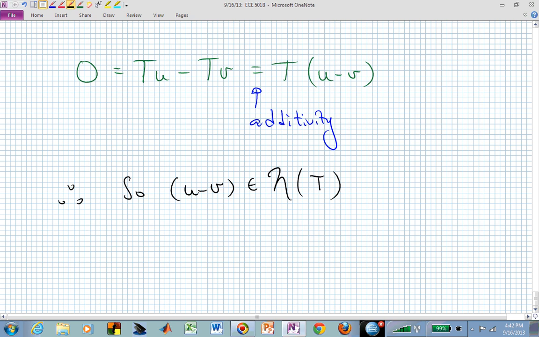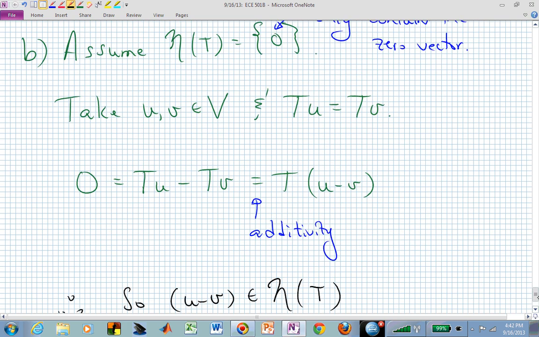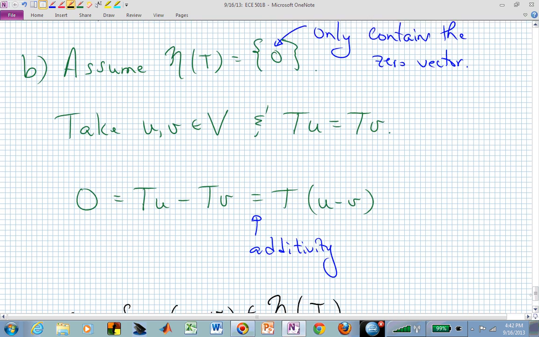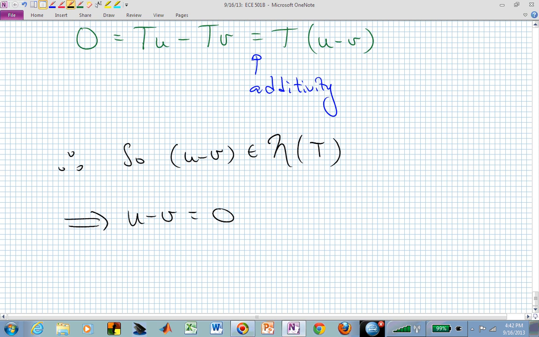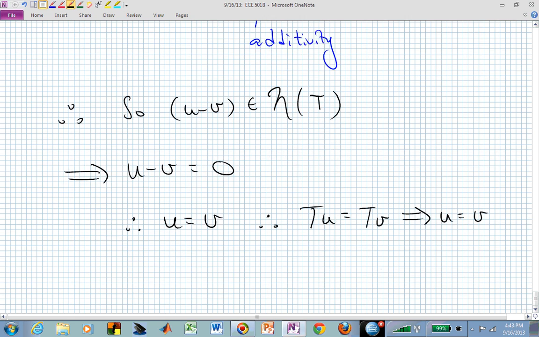Well, if U minus V is in the null space of T, we assumed that the null space of T was the 0 vector. So now we know that U minus V is the 0 vector, or U is equal to V, which says that when TU is equal to TV, that implies U is equal to V, and that's the definition of a map being injective.